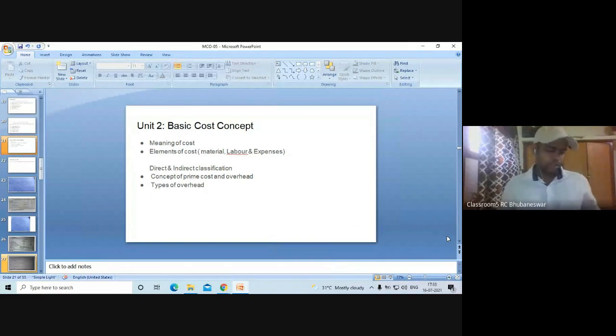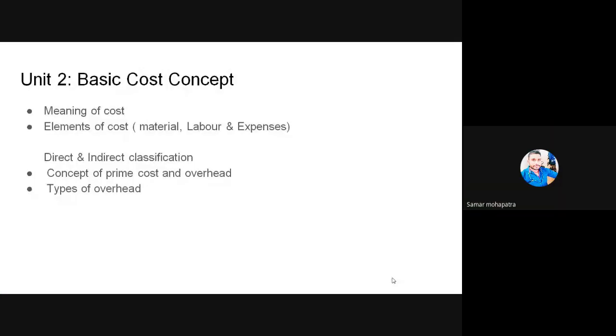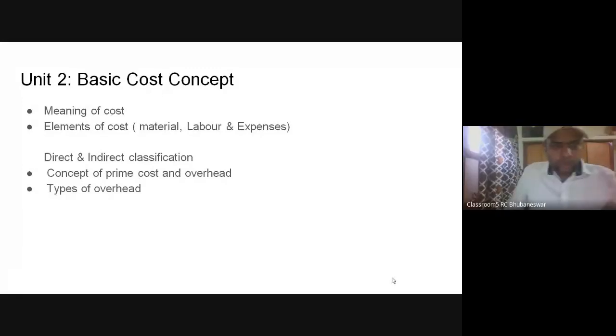So here you can see the screen I'm sharing. Is it visible? Yes, sir. Okay. So the unit 2 of your MCO-5, it is relating to the basic of cost concept.